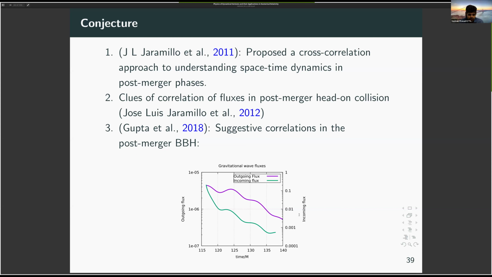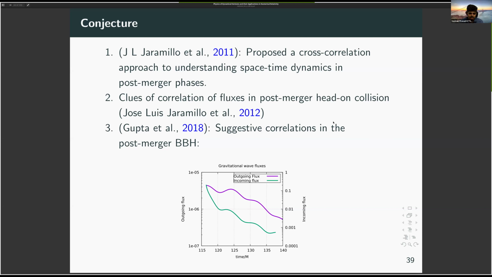So before the advent or the success of numerical simulations, there were speculations about the possible correlations between what happens near the horizon of a black hole in a perturbed spacetime. Let's imagine a single Kerr or Schwarzschild black hole which is perturbed.